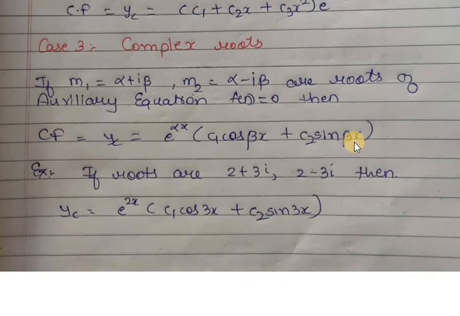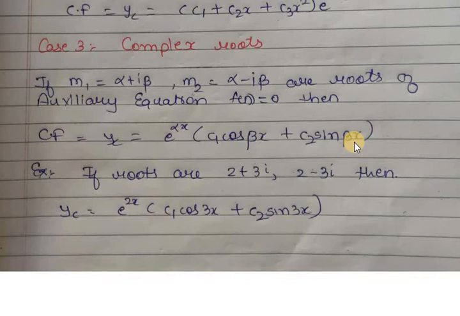So here if we compare plus or minus 2i with alpha plus or minus beta i, then alpha will be 0 because alpha is the real part, and in plus or minus 2i there is no real part, therefore alpha is 0, and beta will be 2.